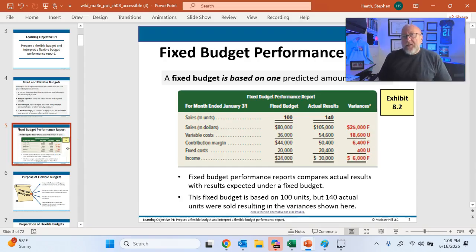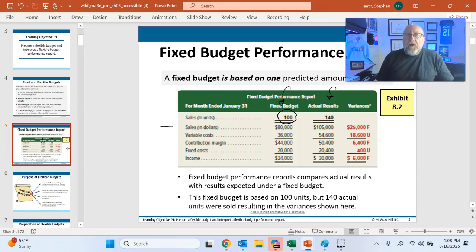In essence, a fixed budget, which is what the first column is based on, uses a static number of units, so we can't really change the number of units, and actual results are based on what we actually did. There's a lot of information that we cannot glean from comparing a fixed budget that we prepared at the beginning of the period to actual results.